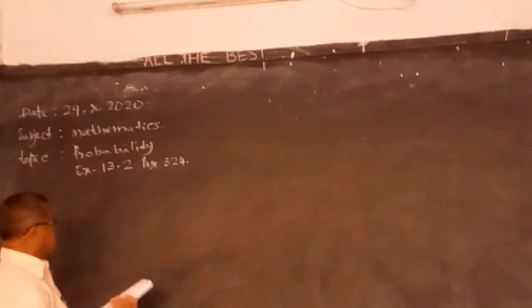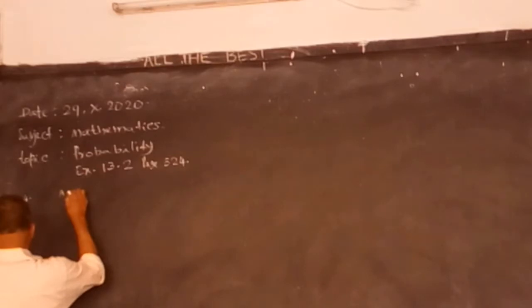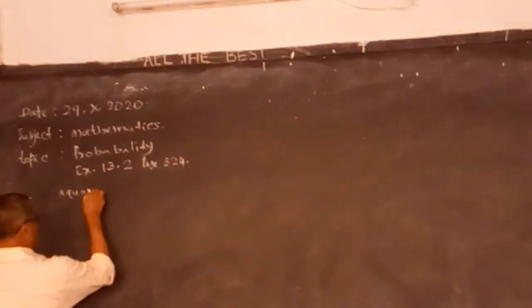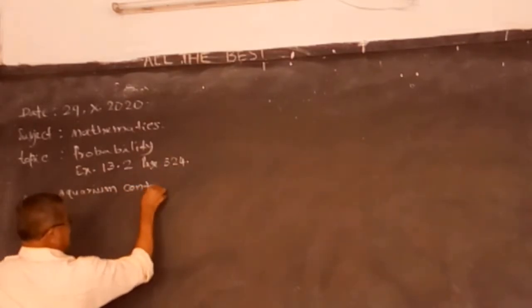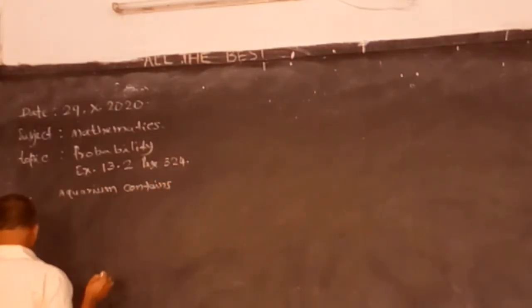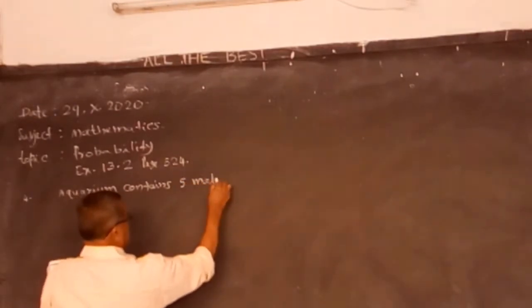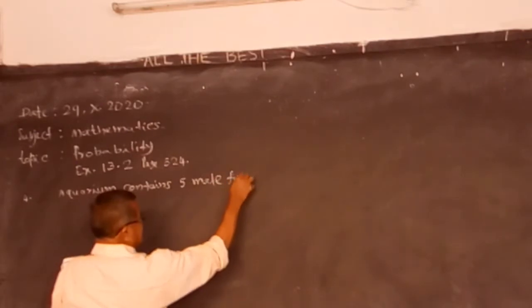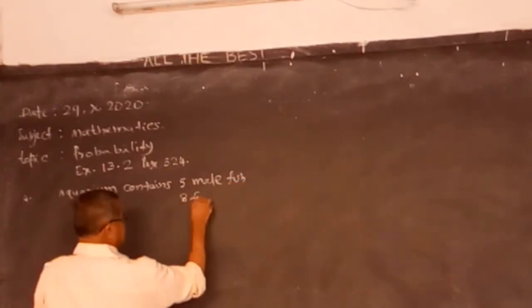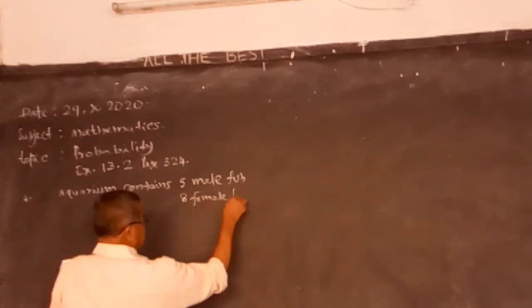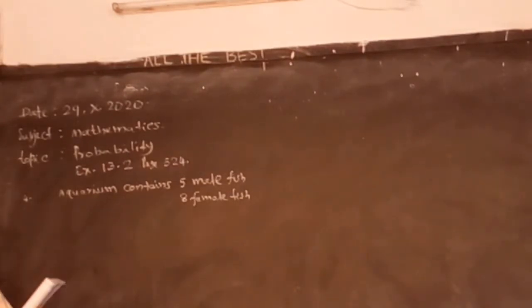The aquarium contains 5 male fish and 8 female fish in the shopkeeper's aquarium.